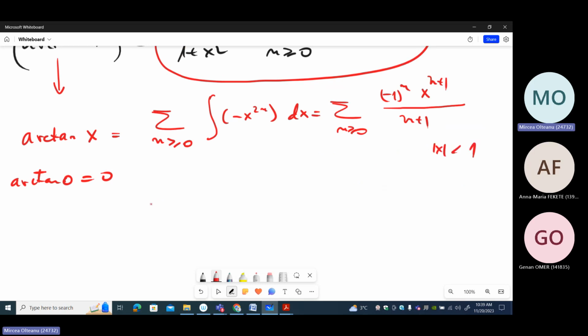So finally you obtain that the function arctangent of x is the sum of the following power series.